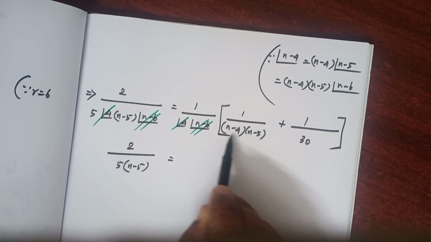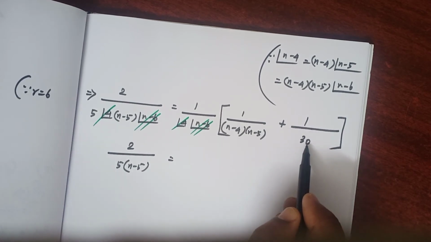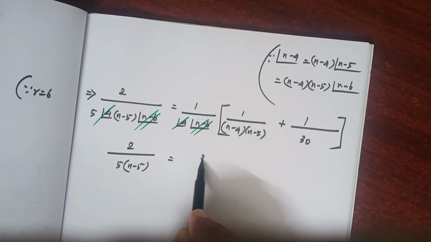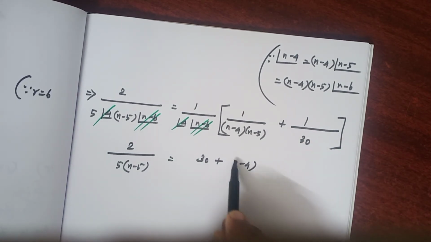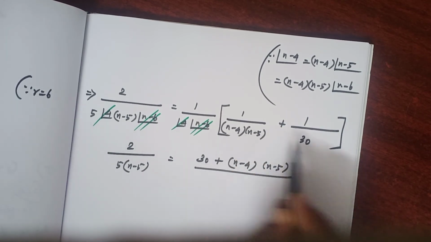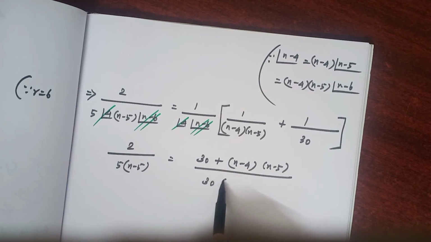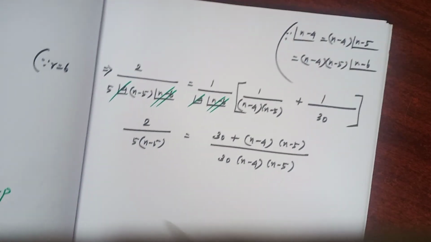LCM, nothing common between these two, so you can multiply 30 and 1. 30 into 1 is 30. Have to cross multiply. You will be getting n minus 4 into n minus 5 whole divided by, multiply these two, that is 30 into n minus 4 into n minus 5.